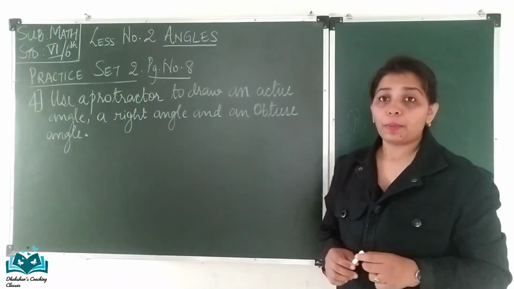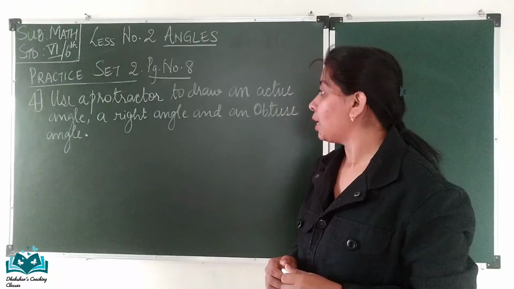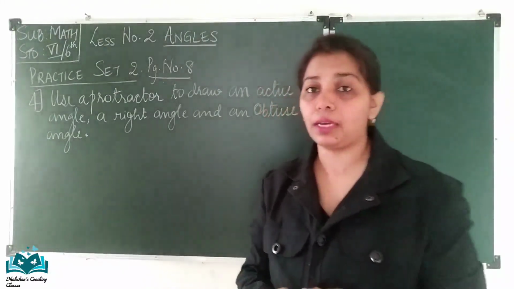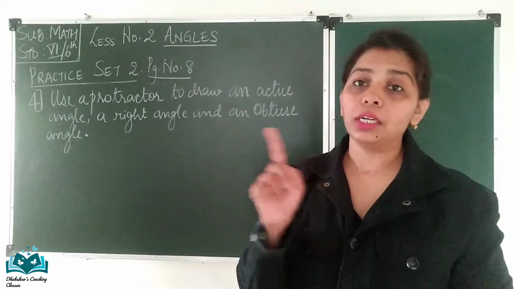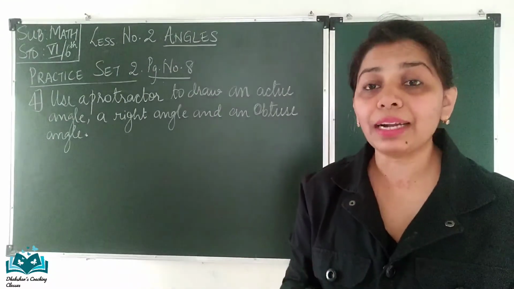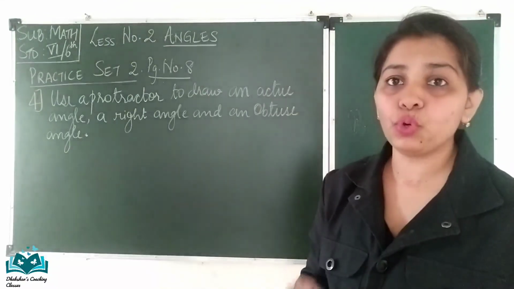The question says, use a protractor to draw an acute angle, a right angle and an obtuse angle. Now in your geometry box you have a D-shaped instrument that is called your protractor. I will show you how it is.